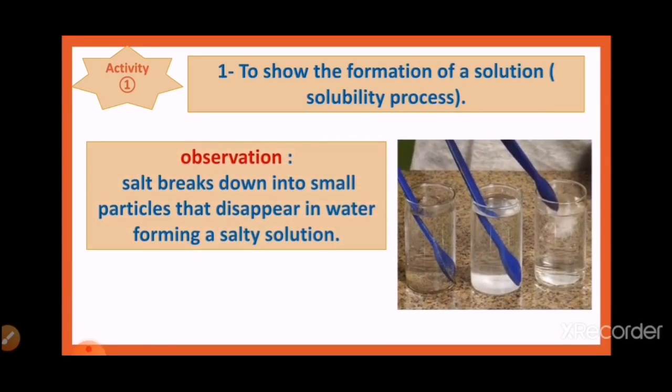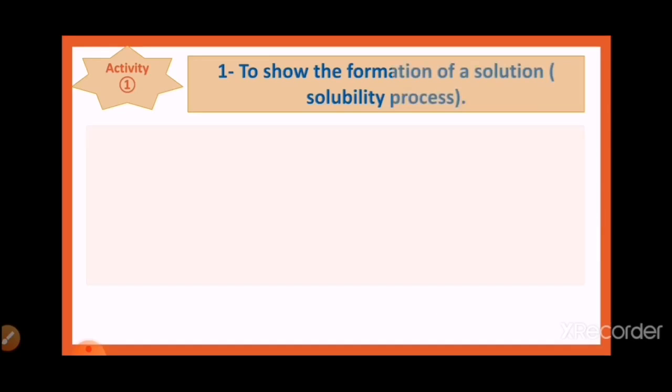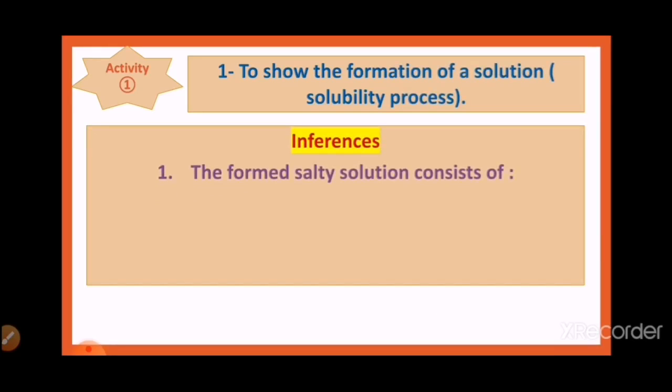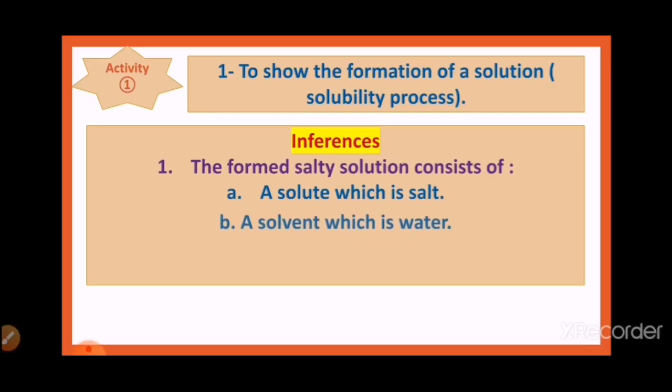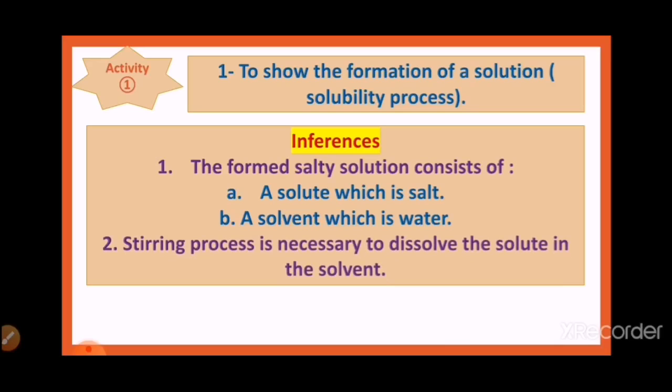Then, we observe that salt breaks down into small particles that disappear in water, forming a salty solution. So we conclude that the formed salty solution consists of a solute which is salt and a solvent which is water. Number 2, we conclude that stirring process is necessary to dissolve the solute in the solvent.